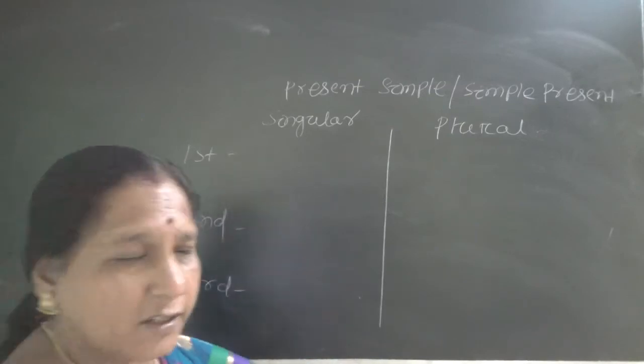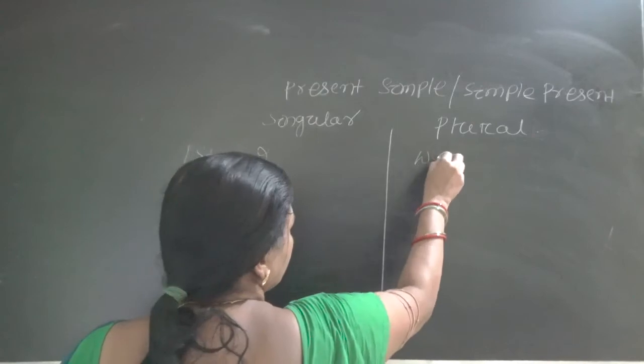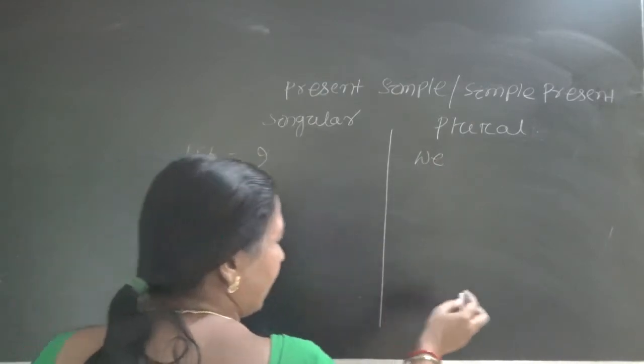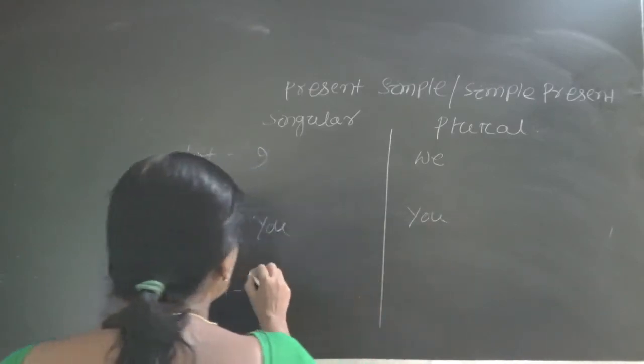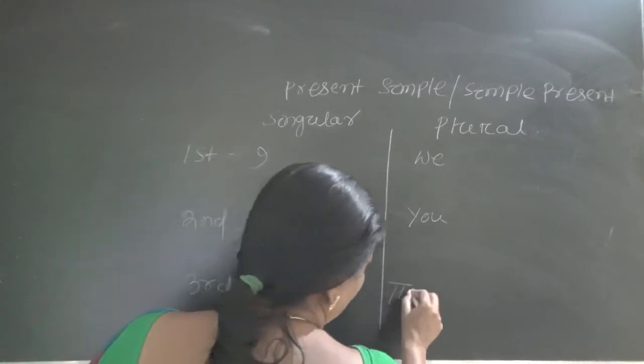First person is I, plural is we. Second person is you, and plural is also you. Third person is he or she, and plural is they.